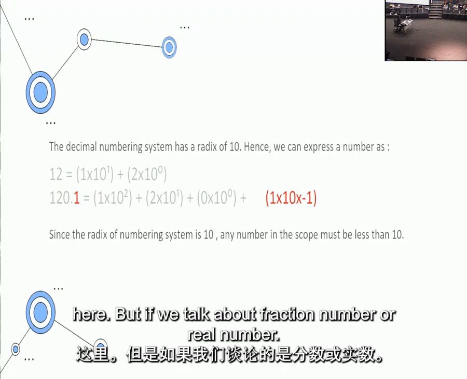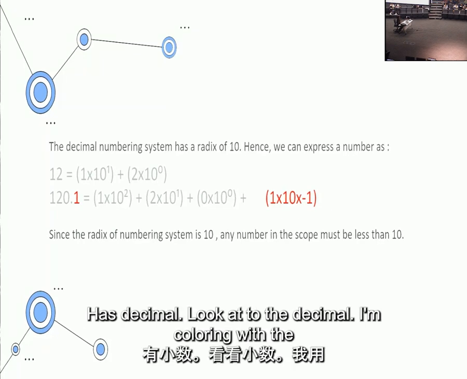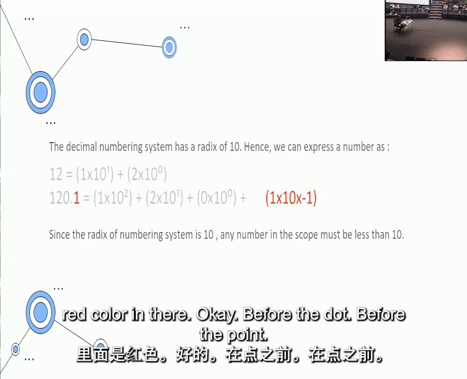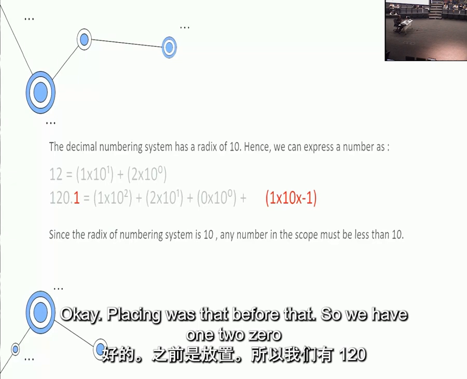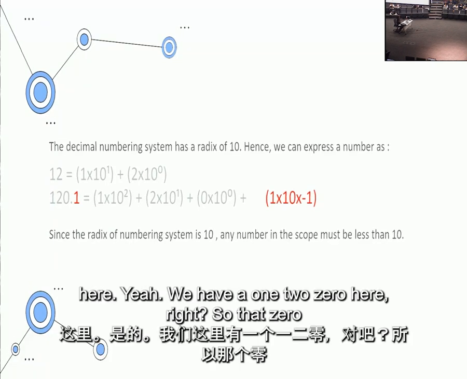But if we talk about a fraction number or real number that has a decimal, look at the decimal. I colored it red in there. Before the dot, before the point, the placing will start there. So we have 1, 2, 0 here, right?